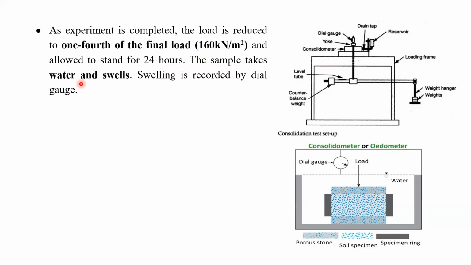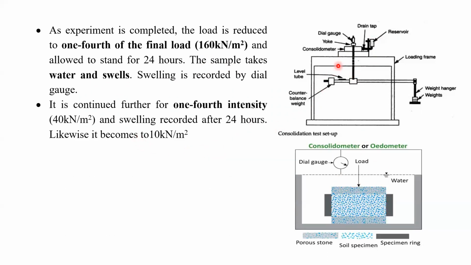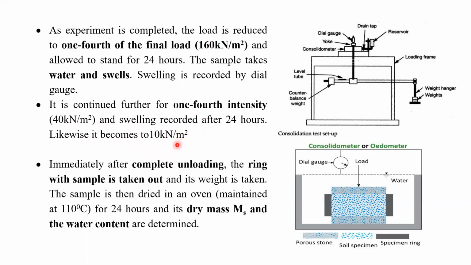The sample takes water and swells, because it is always full of water here. This process is repeated with 1/4 of this 160, or 40 kilonewton per meter square, and the swelling is recorded. After the unloading, how much swelling takes place in this soil, that we also have to record. Likewise, it comes down to 10 kilonewton per meter square.